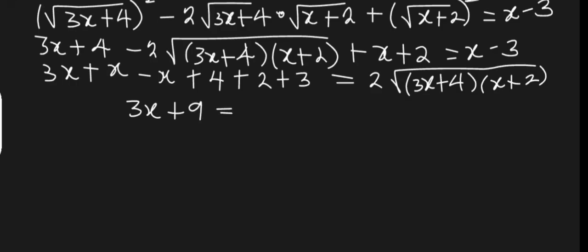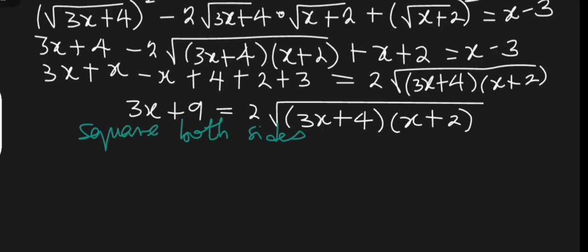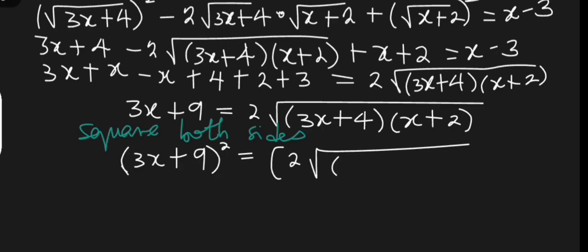While on the right, it is 2 times the square root of 3x plus 4 times x plus 2. Once again, we square both sides so that the radical symbol is eradicated. When we do, it is 3x plus 9 all squared. That's equal to the square of 2 times the expression in the square root.